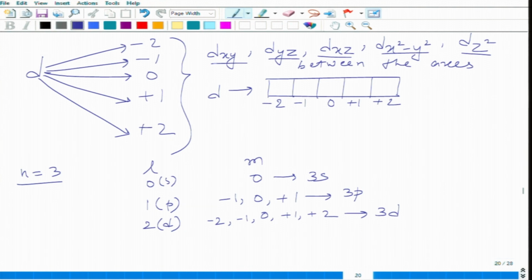We have discussed how there are 5 orbitals within d. We write them like this.